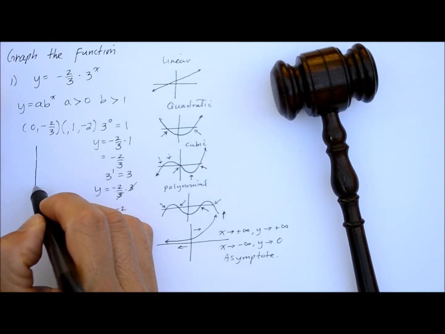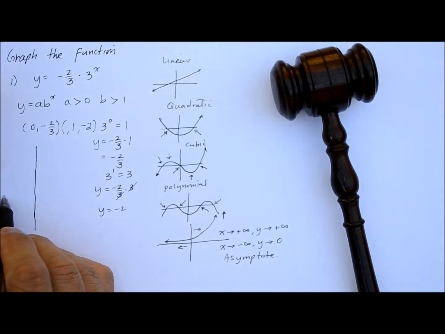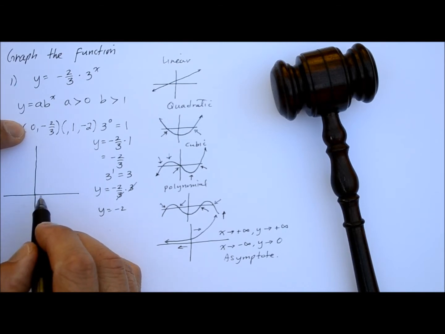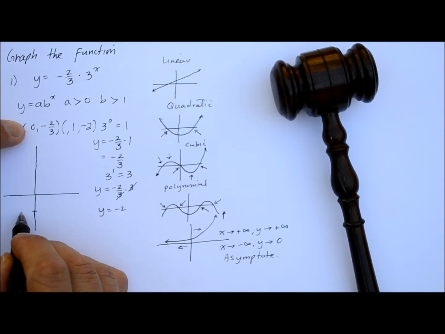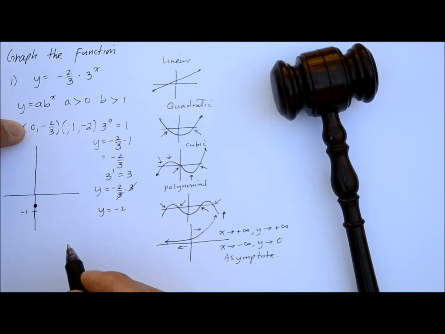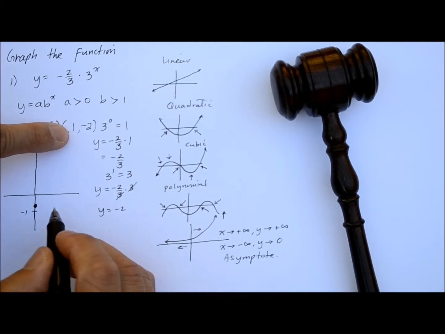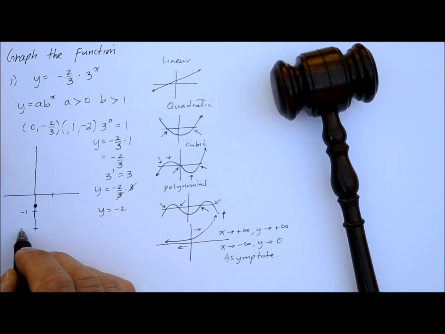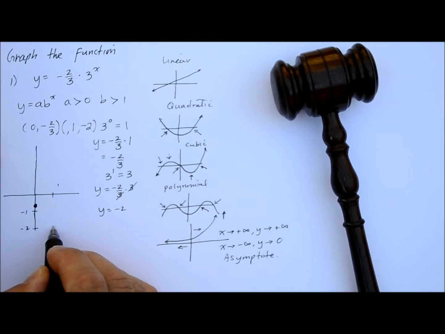So now we could get an idea what this looks like. If x is 0, y is negative 2/3. So here's 1. Then 2/3 must be approximately here somewhere. And if x is 1, then y is negative 2. 1, 2. So it's over here somewhere.